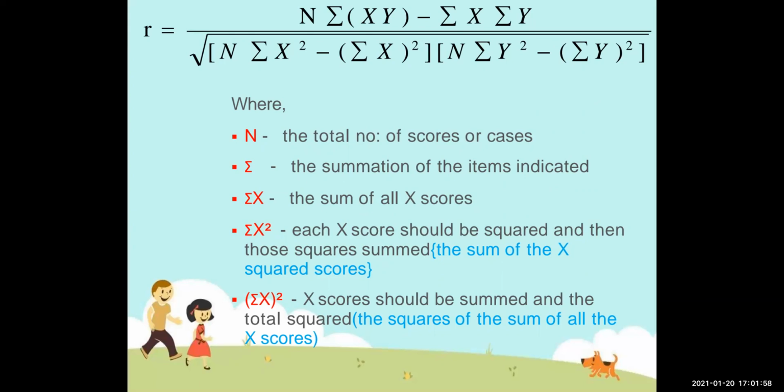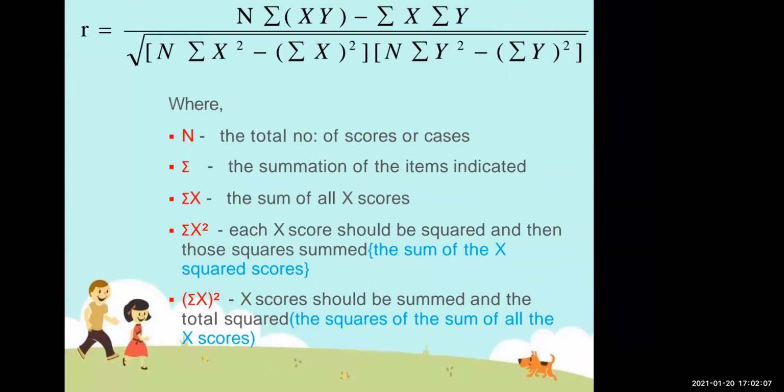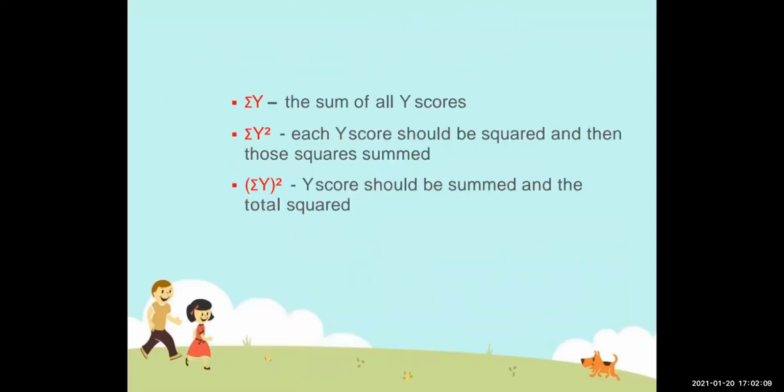Sigma X whole square means the X scores should be summed and the total squared. Whereas sigma Y is the sum of all Y scores, and sigma Y square means each Y score should be squared and then those squares are summed. Sigma Y whole square means the Y scores should be summed and the total squared.